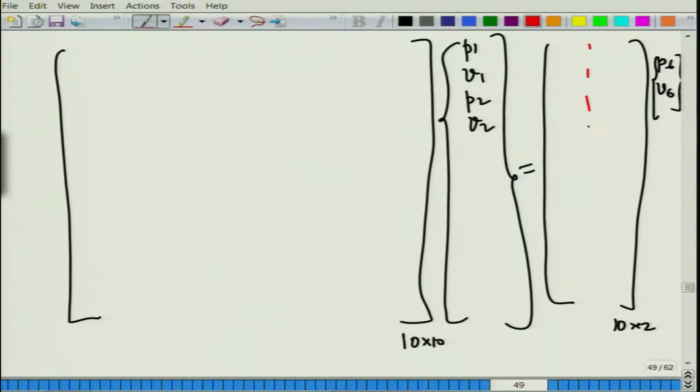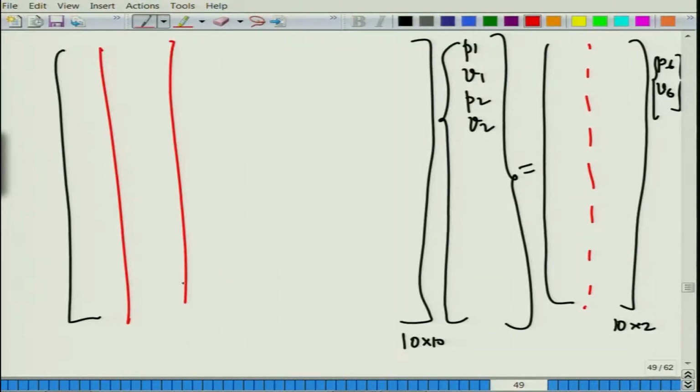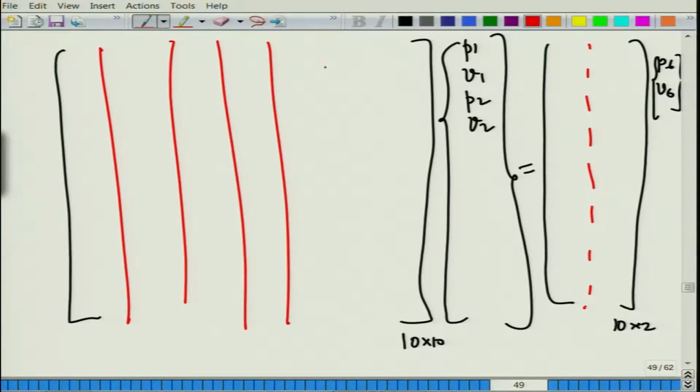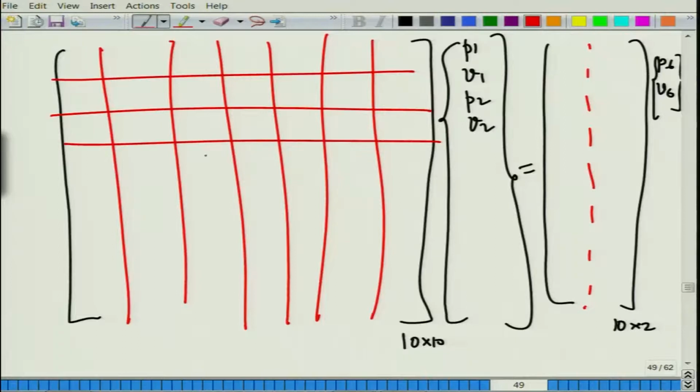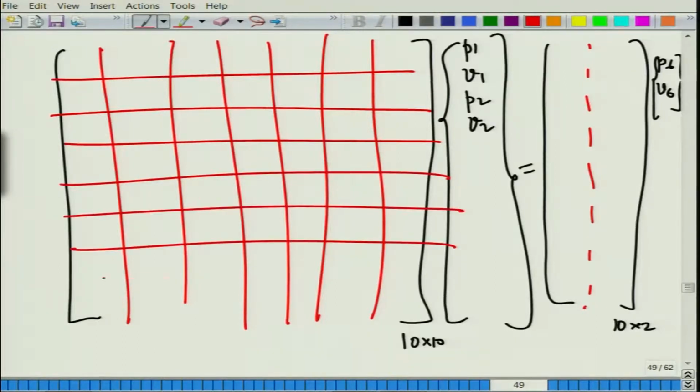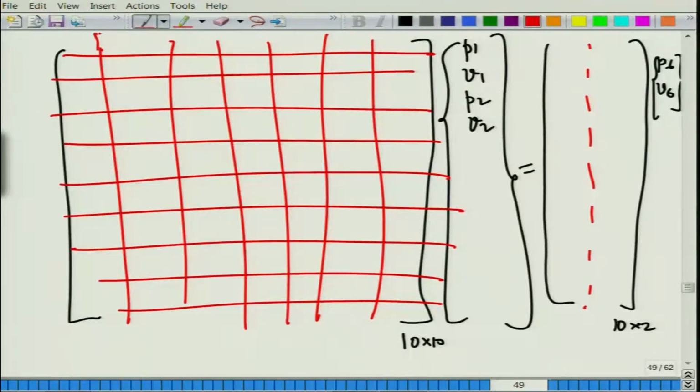And let me just start making things like rows and columns: 3, 4, 5 like this, 1, 2, 3, 4, 5, 6, 7, 8, and then we can probably add one more, 9, and possibly one more here, 10. So, and then 1, 2, 3, 4, 5, 6, 7.